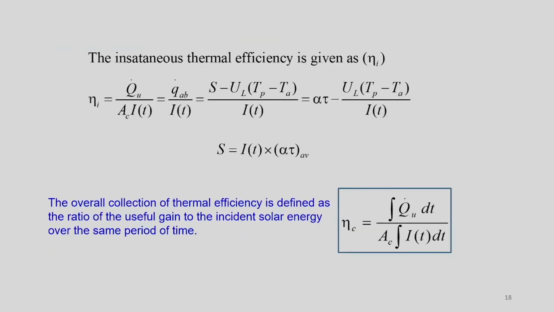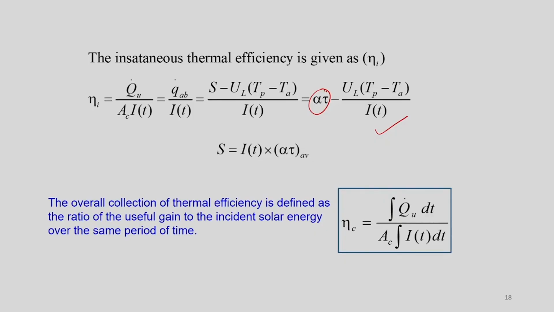Also, instantaneous efficiency is important. At any moment, if we need to know the efficiency of the collector, we can straightaway use this expression once we know the tau alpha value and the overall loss coefficient. The overall collector thermal efficiency is defined as the ratio of useful gain to the incident solar energy over the same period of time.